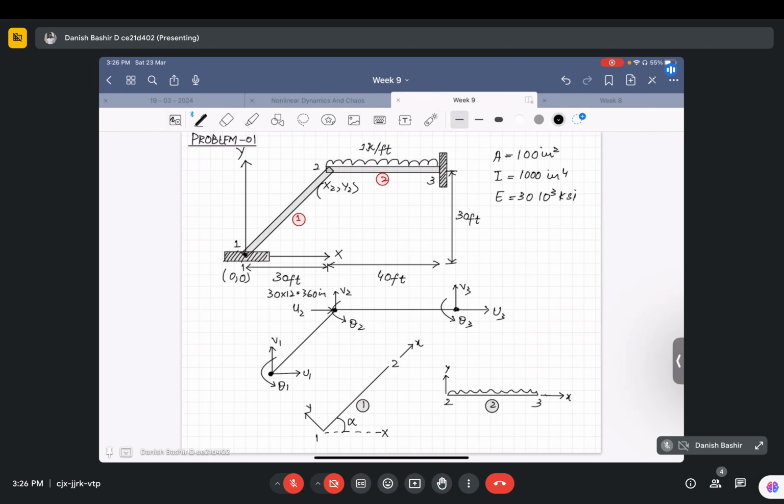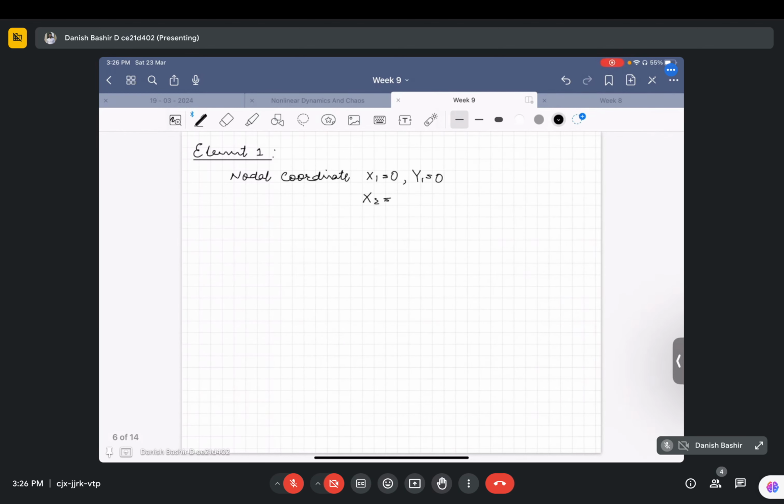And this is also 30 feet high. Okay, x2 is 360 inch. I hope you got this point. And y2 is also 360 inches.